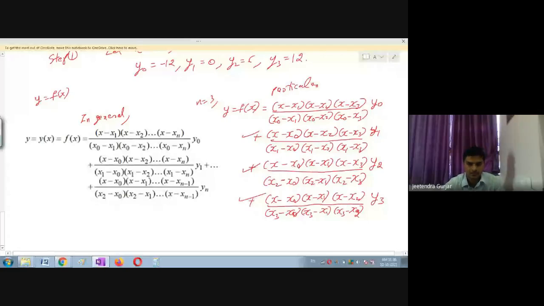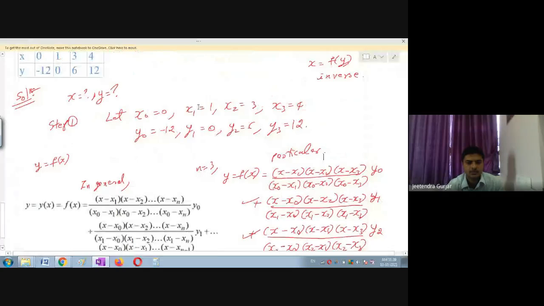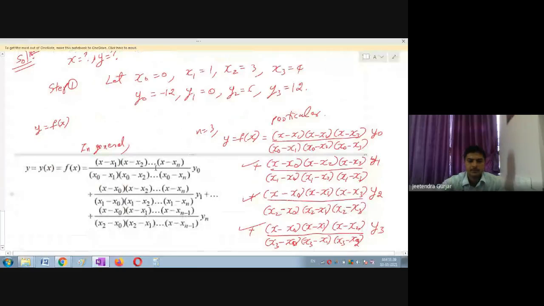So substitute the values. Just substitute the values, only that in this example we don't know x and y. So y is equal to f of x.